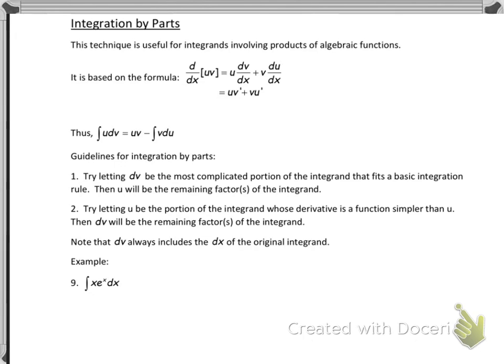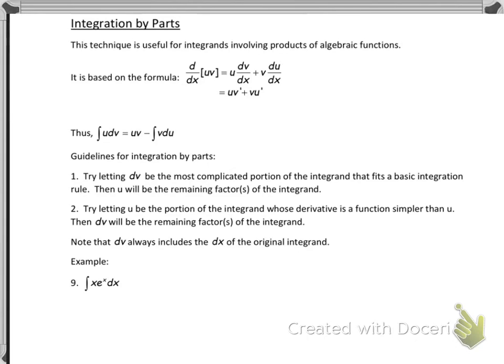So our textbook doesn't have a very good explanation of this, so I put a little bit more verbiage in here for you. So when you're doing integration by parts, it's a technique that's useful for integrands involving products of algebraic functions. So it's not just an algebraic function times its derivative, it's two separate functions, so you can't use the u substitution.